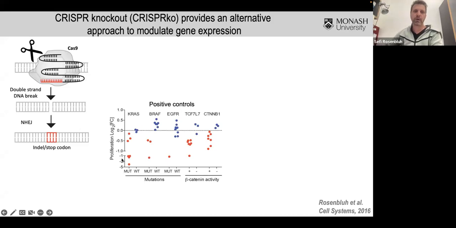And in this experiment, we compared CRISPRs and RNAi to look at how good they are. So when you look at positive controls, this is using CRISPRs, and here we're using cancer cells with either mutant or wild type of these particular genes. What you see is what we see with shRNAs as well, and this is what you expect to see, that when you knock out these known dependencies, you get what you want to get.